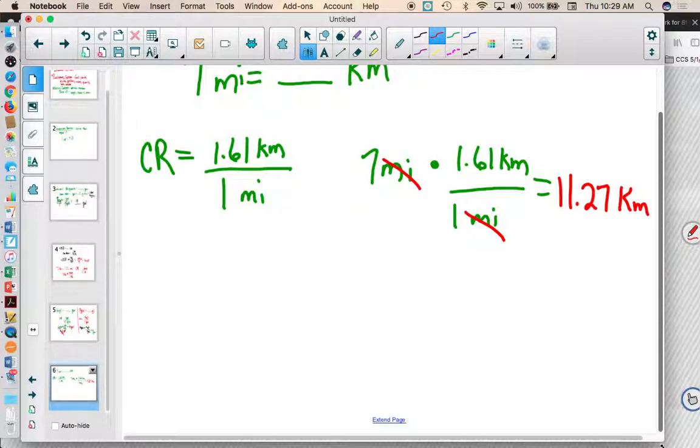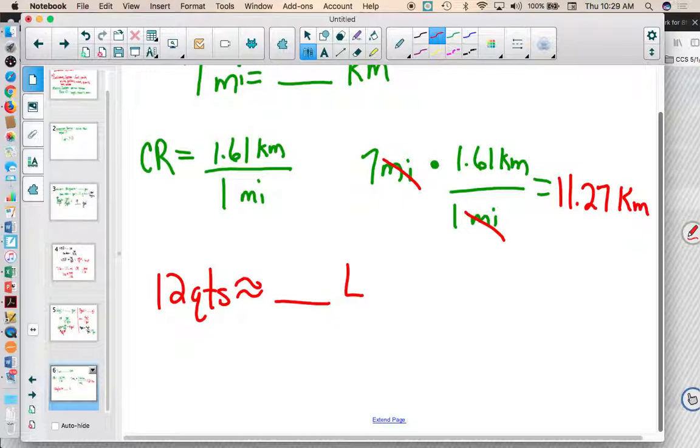What if I say 12 quarts is approximately how many liters? I'm showing my work.